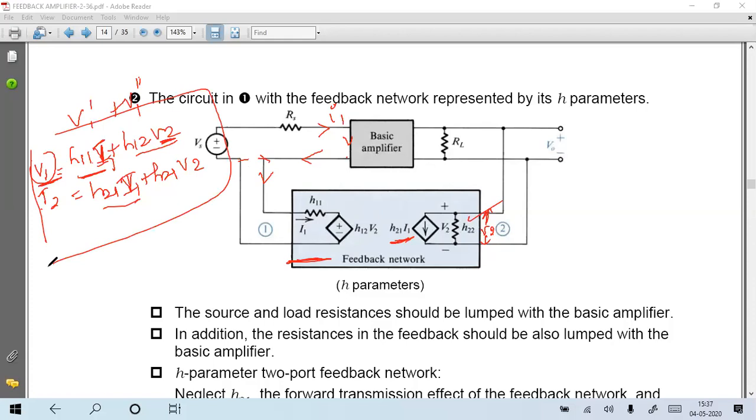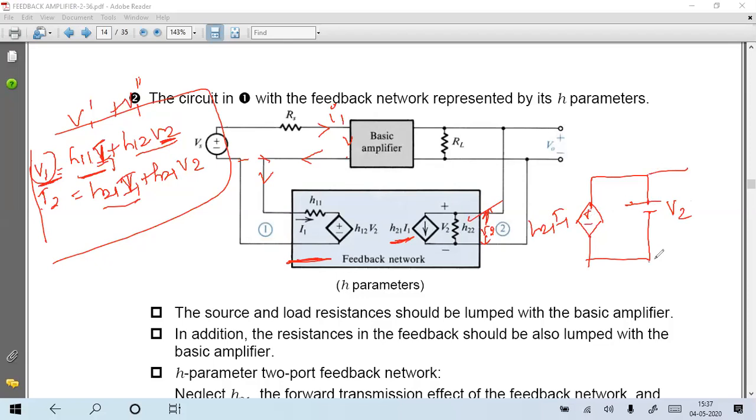Now, according to the redundant technique, we can again simplify this network. If we see that this side is V2, we can say that one current source is in parallel with one voltage source. This is V2. This is H21 into I1. So what will happen?